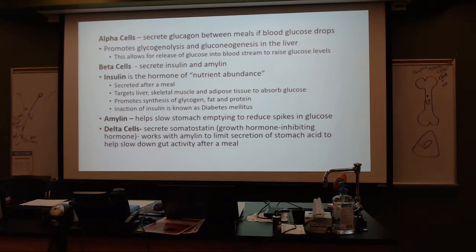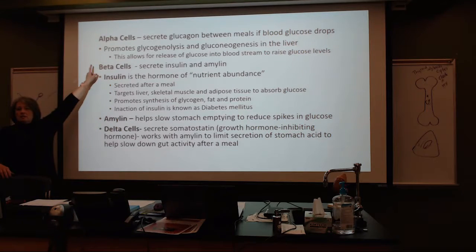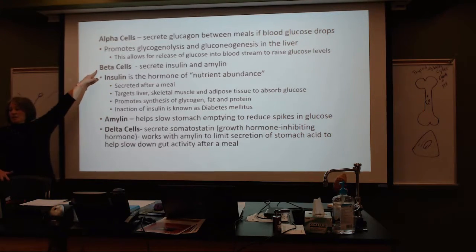Our beta cells in those little islands secrete insulin and amylin. Insulin is the key that opens the cell to get it to use glucose correctly. Beta cells, depending on which diabetes it is, are more affected.